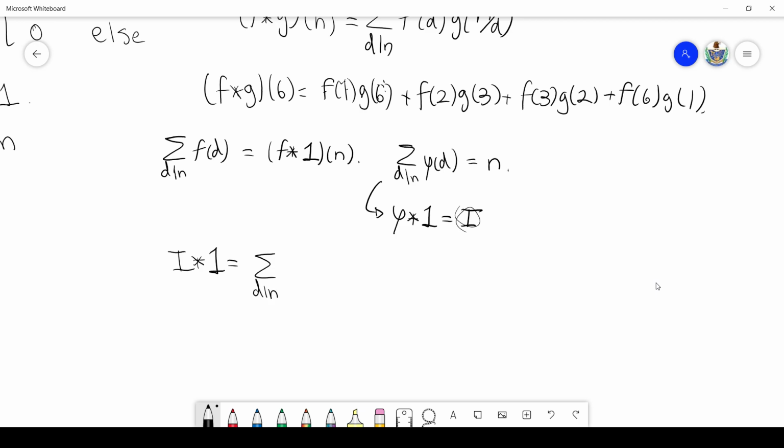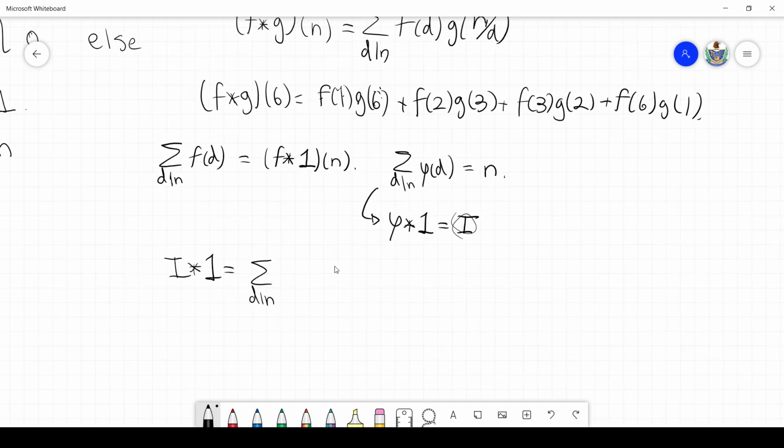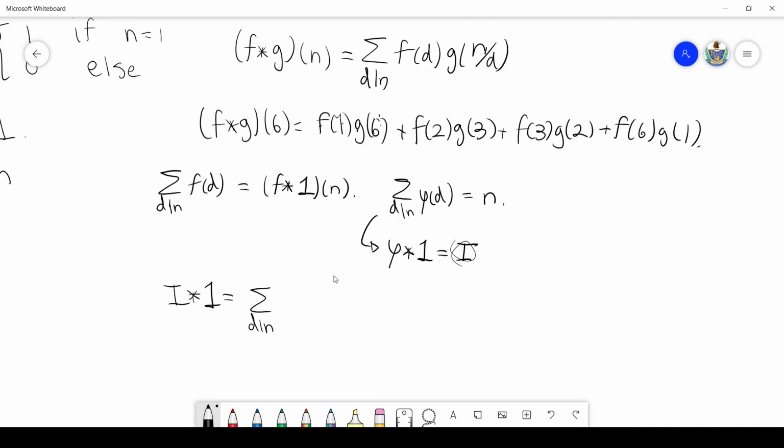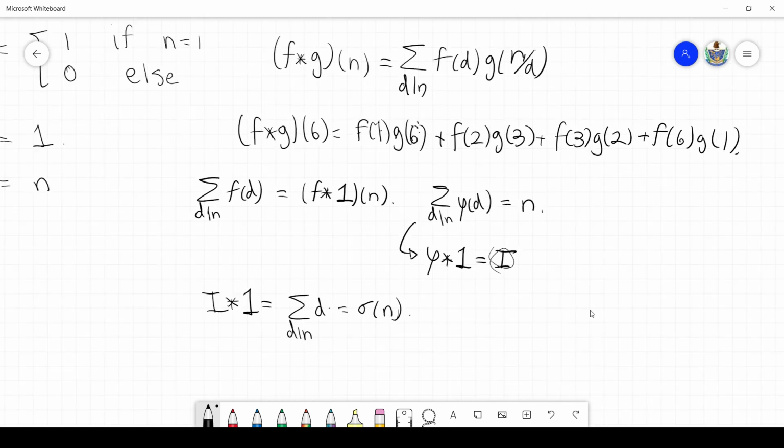This is the sum over divisors of n, and the identity of d is just d, times 1. So we're just summing over the divisors of n. So this is the sum of the divisors of n, which we called sigma of n in the last video, or I guess 2 videos ago.